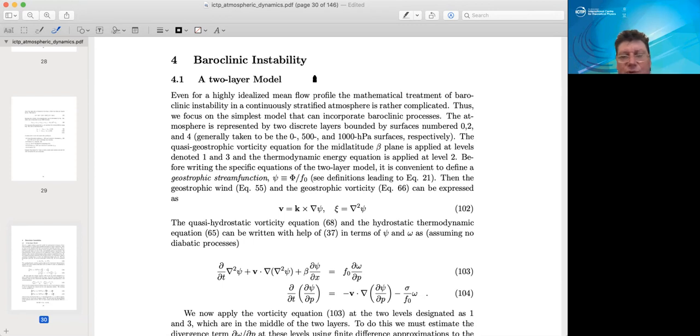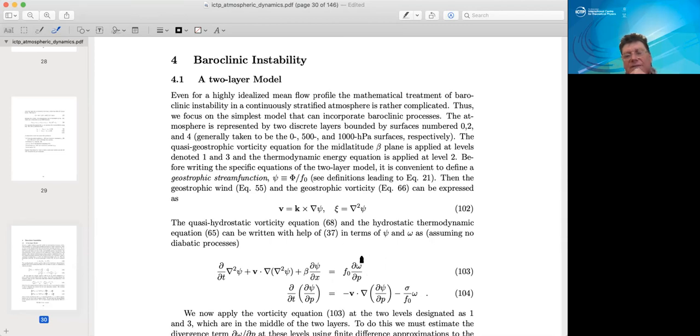But we have to do something, and you can see from equation 103 here what we will do. We have our vorticity equation, the same that we have used today, but on the right-hand side, we allow the presence of the divergence, or equivalently the omega, the pressure vertical velocity, d omega by dp. So far we didn't have to consider any thermodynamics, but the occurrence of d omega by dp makes this vorticity equation coupled to the thermodynamic equation.